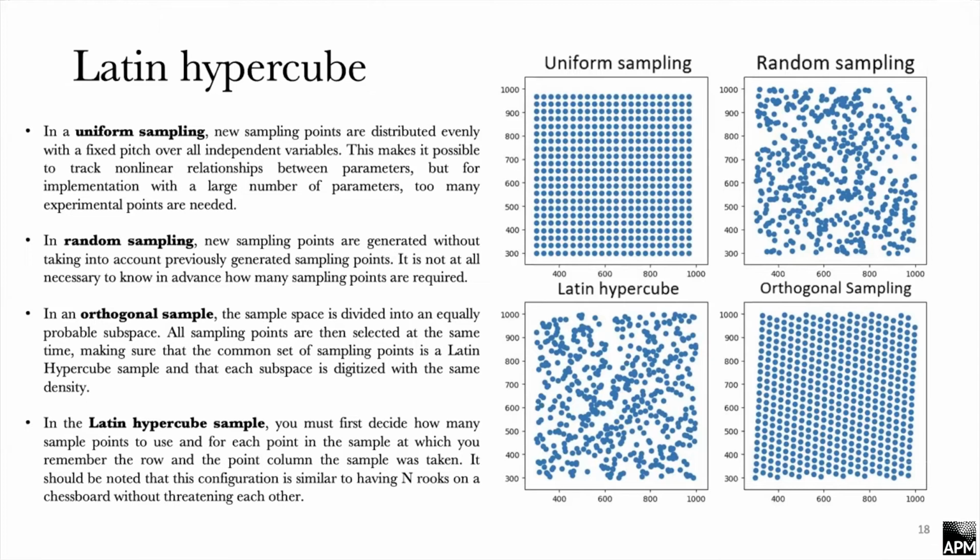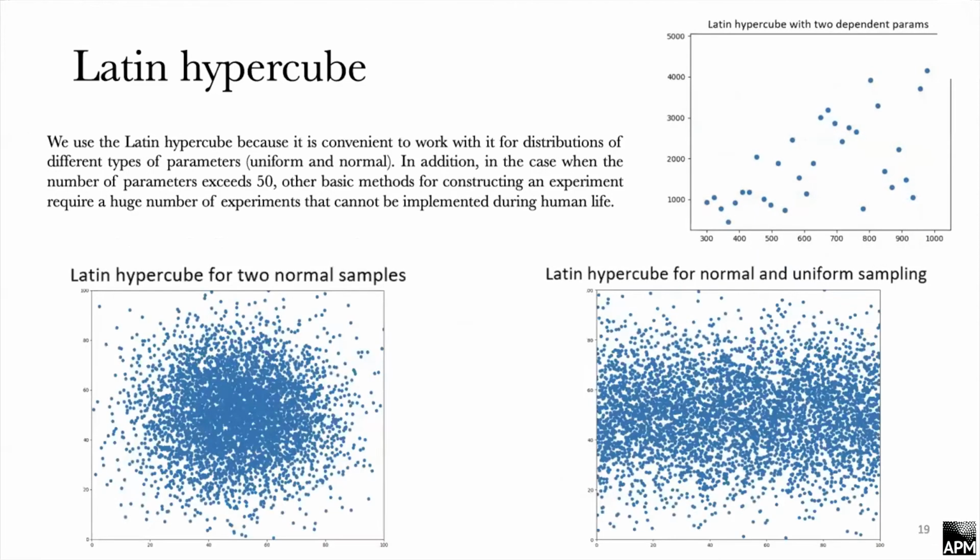It allows us to significantly reduce the number of points, and it also allows us to work with different types of parameter distributions. For example, if we have two dependent parameters, you can see this on the top right picture.